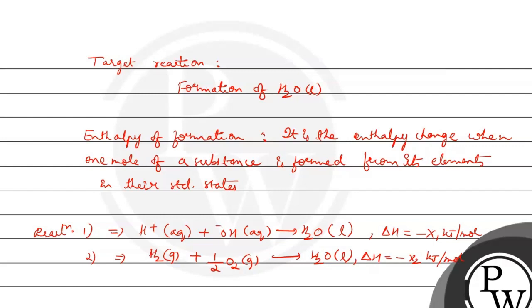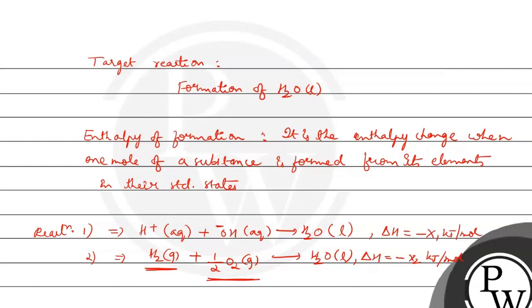So if you see, H plus aqueous is not the standard form in which H plus occurs. So standard state में तो hydrogen will be present in H2 gas only, not in H plus aqueous. Similarly, OH minus is not a standard form, but oxygen gas is present in its standard state.